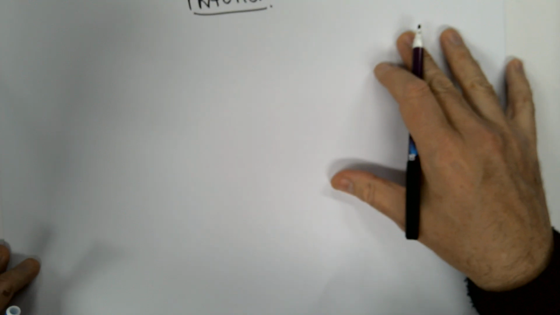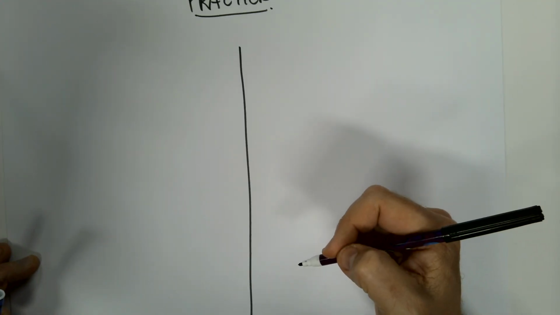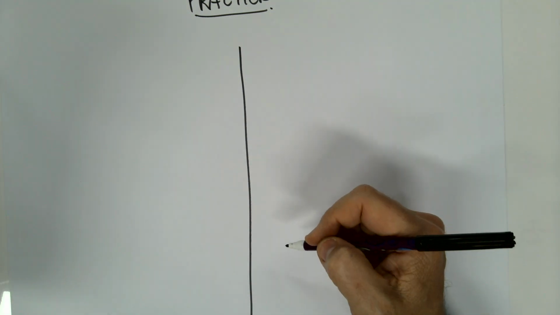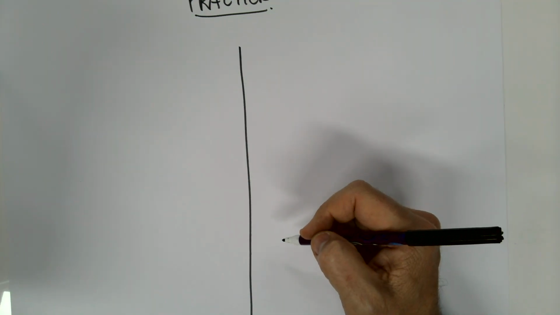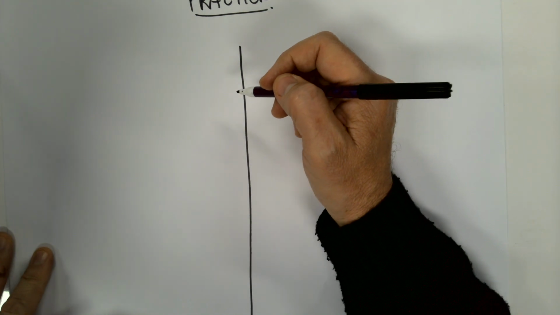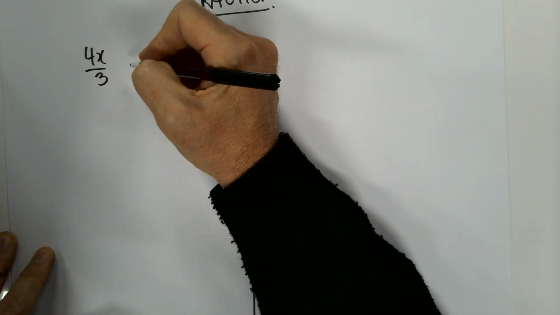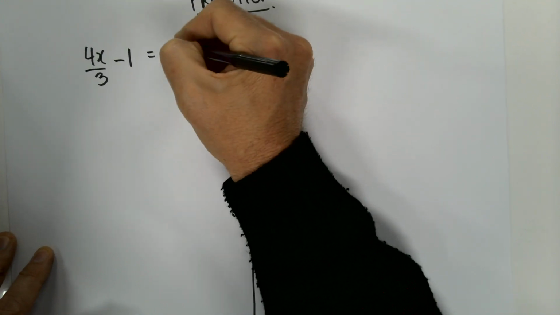Practice of the difficult ones. Now, what have I got over here? Let's see. Let's go: 4x over 3 minus 1 equals 7.